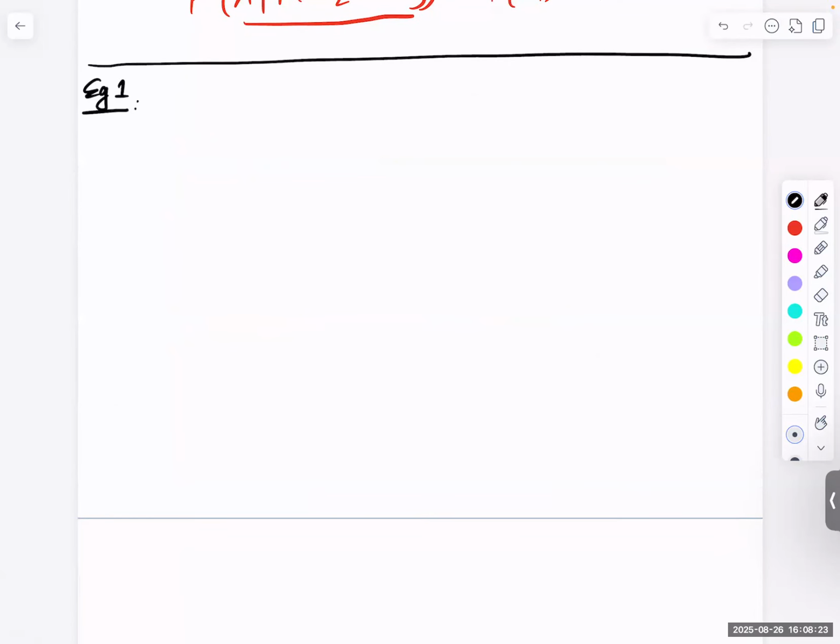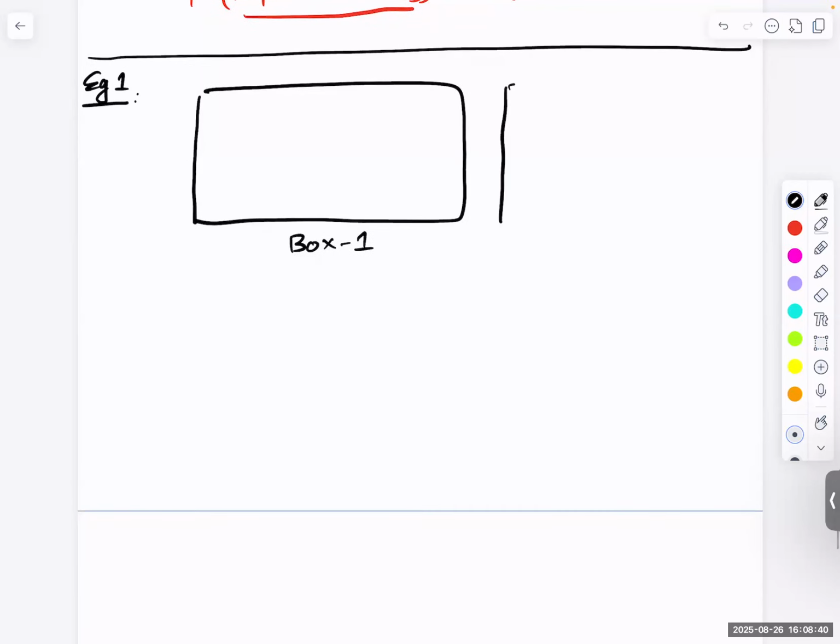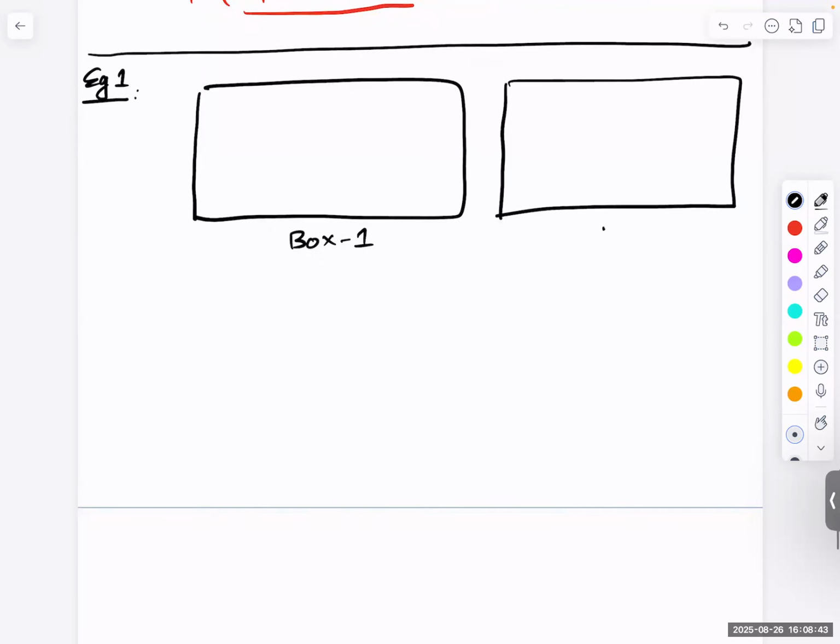So imagine I have two boxes. I'm not necessarily going to write everything down in words, but imagine the following. I have two boxes. This is my box 1, and I have another box 2. Each box has a certain set of balls.